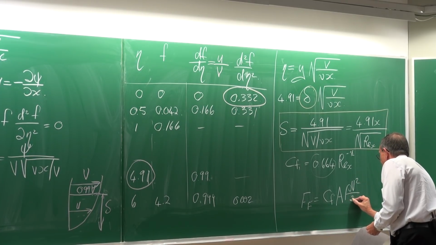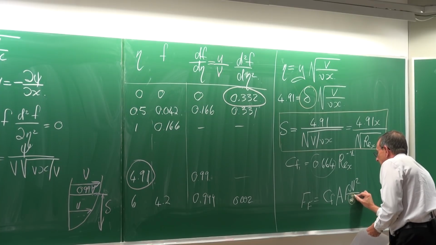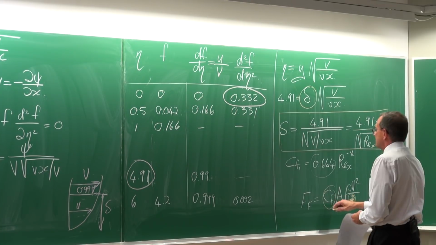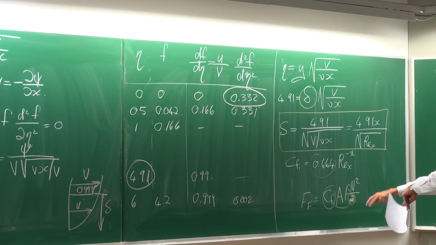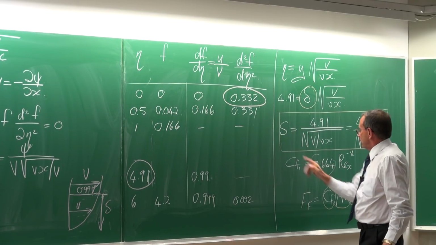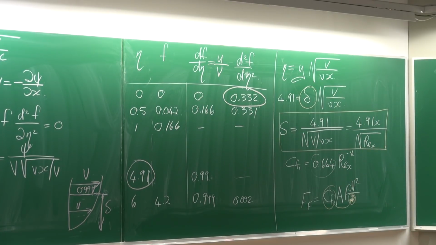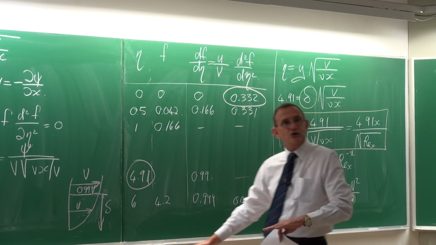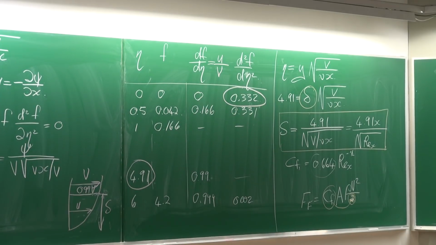So this value of 2 divided by this value of CF, obviously you need to do a little bit of manipulation, then that is 0.332 multiplied by 2. That is where it comes from. You're not going to see it directly on the board, but just go and do all the mathematics at home, and then you'll see that that is indeed the case.